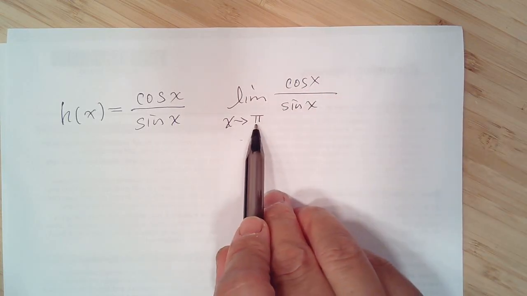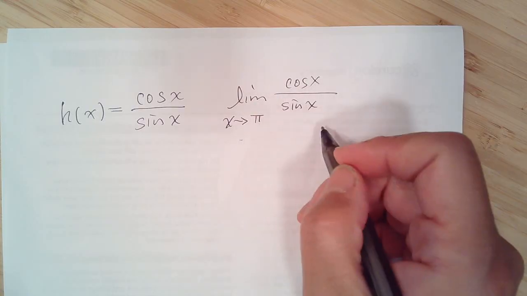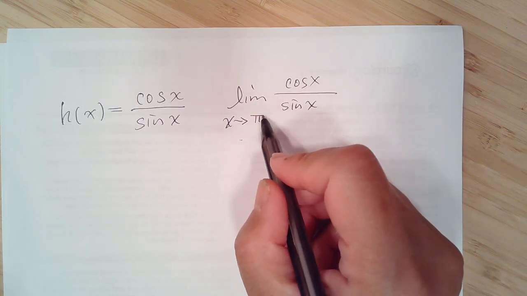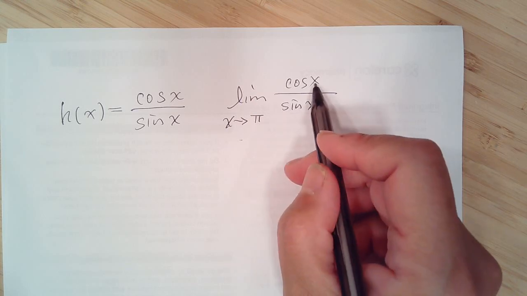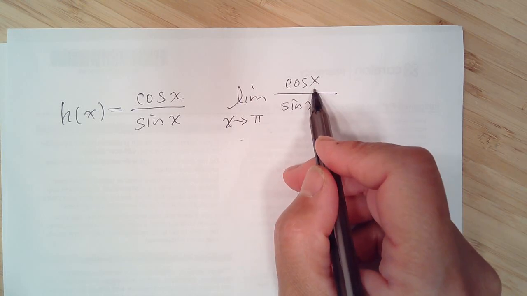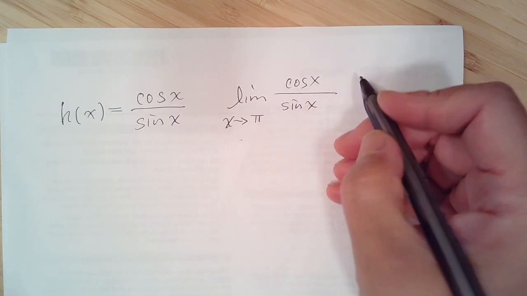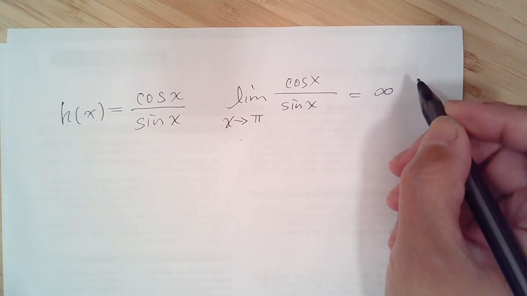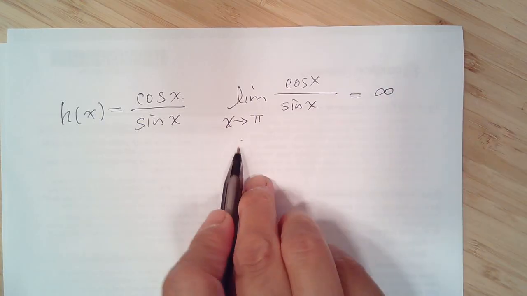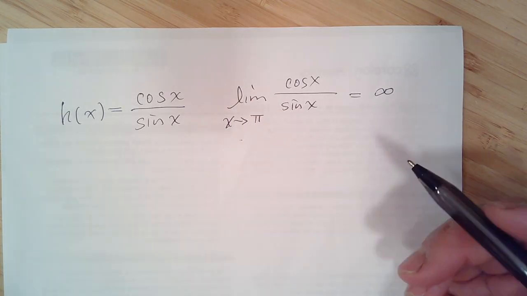If you plug in x equals pi, sine pi is almost 0. It doesn't matter positive or negative, it's almost 0. But the numerator cosine pi is negative 1. So the numerator is not 0, but the denominator is 0. So that is infinity. Whether it's positive or negative depends on which side you approach pi from.